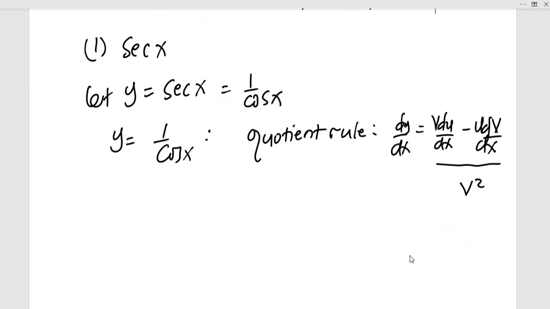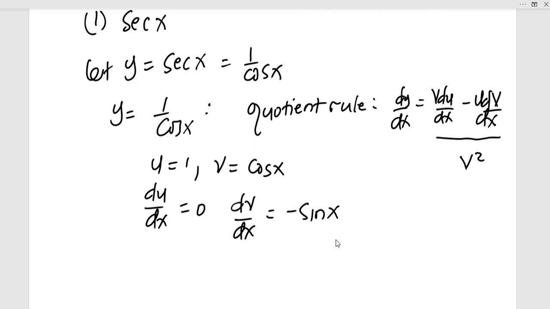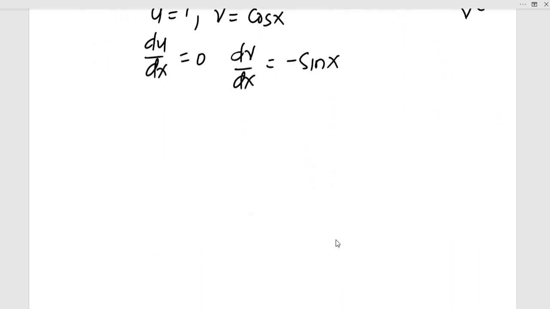So in this particular problem, u is equal to 1 and v, which is the denominator, is equal to cos x. So du dx is equal to 0 and dv dx is equal to negative sine x, because if you differentiate a cos, you get a negative sine. So what does that mean?